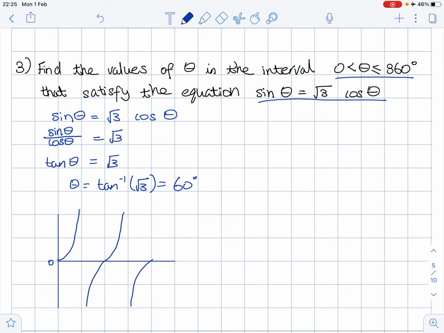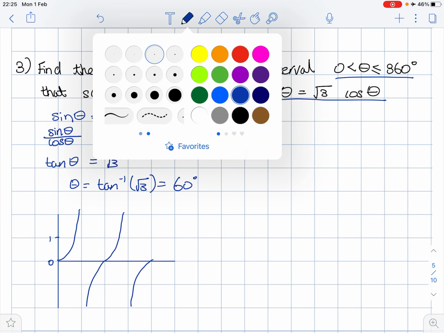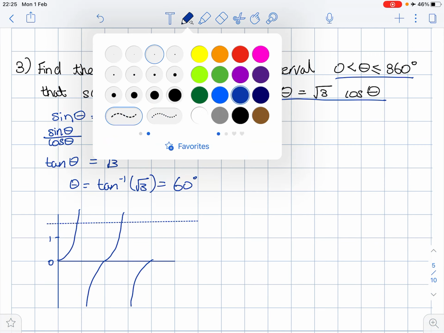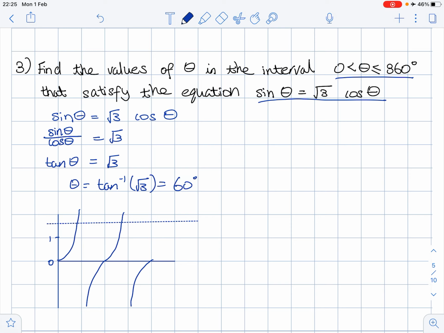What we're interested in is when tan theta is equal to √3. So √3 is approximately 1.73. So let's say this is 1, and here is about √3. So this point here is √3.